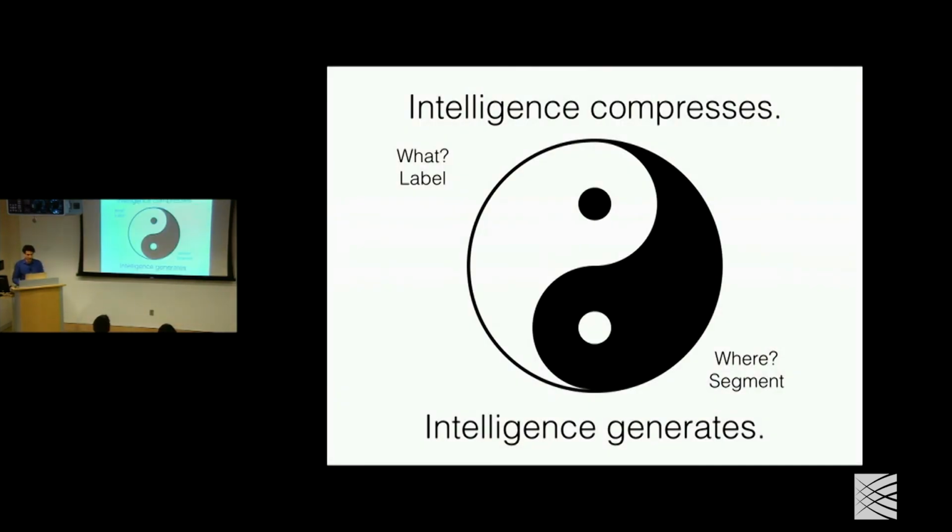We were going to hear from Jürgen Schmidhuber, who argues that intelligence is all about compression, but I don't think that's the whole story. Intelligence also generates, and when we classify something, we've compressed it. We took this rich representation of an image or a genetic sequence, and we reduce it to a single label. And that's sometimes brutal, right?